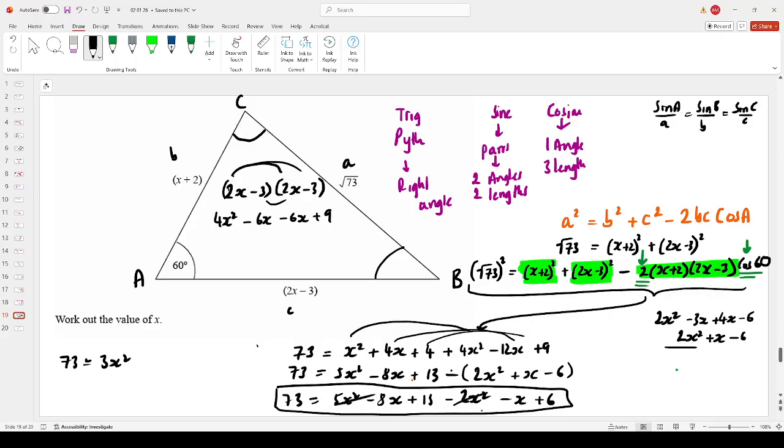And minus 8x minus x is minus 9x, those are gone. And 13 plus 6 is 19. And then you bring the 73 over. What's 19 take away 73? Minus 54.